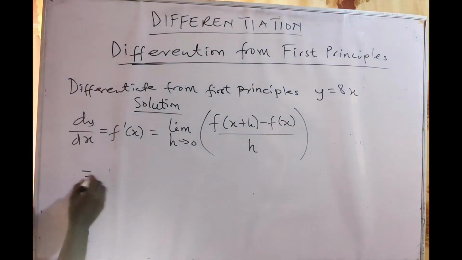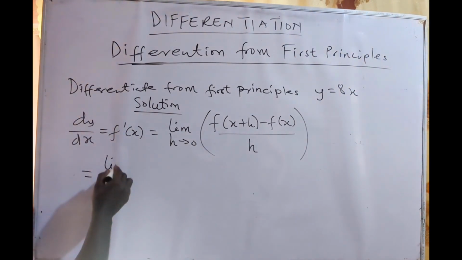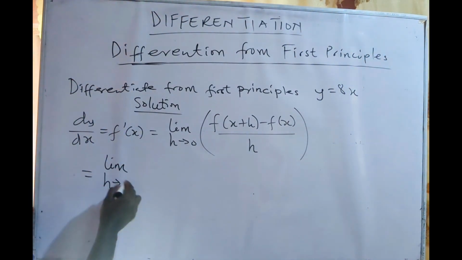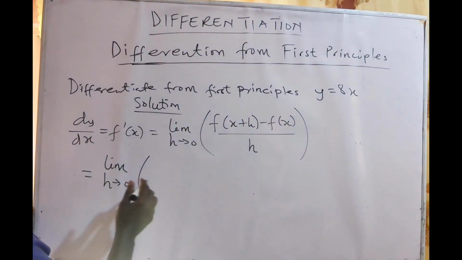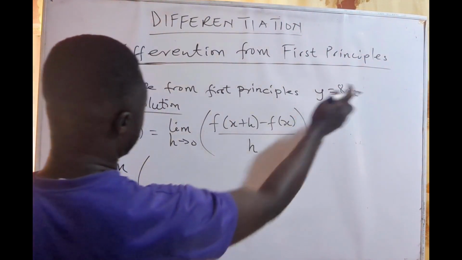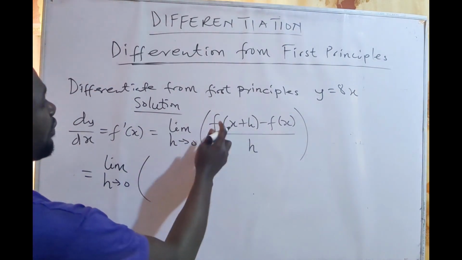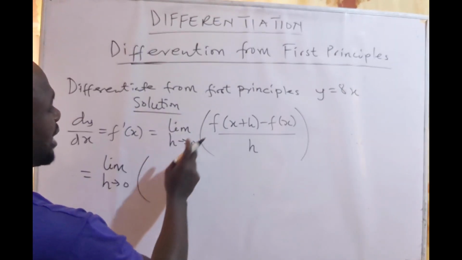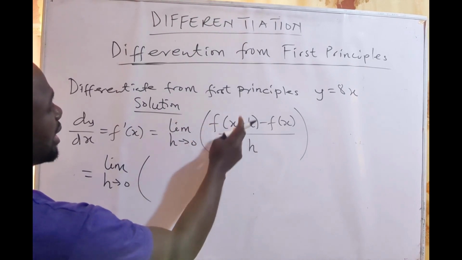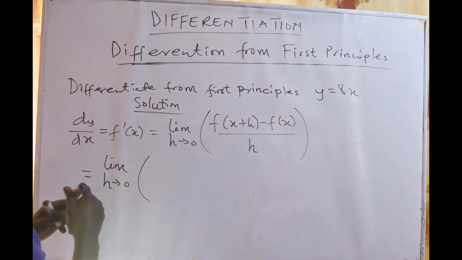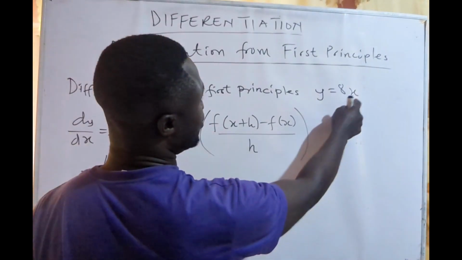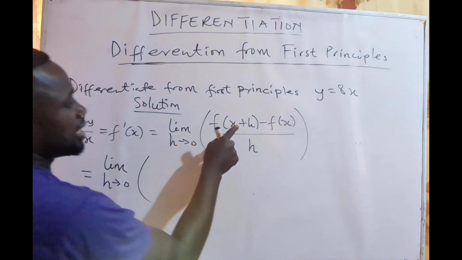Alright, let's continue. So we have the limit as h approaches 0. We are going to differentiate y is equal to 8x. In the first, we have f of x plus h. It means that with the function y is equal to 8x, wherever we see x, we substitute x plus h.